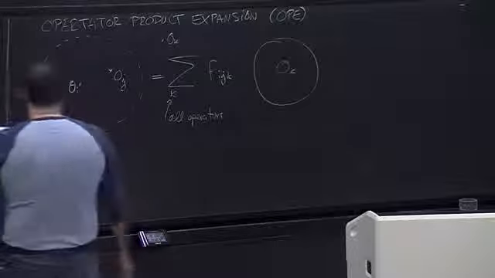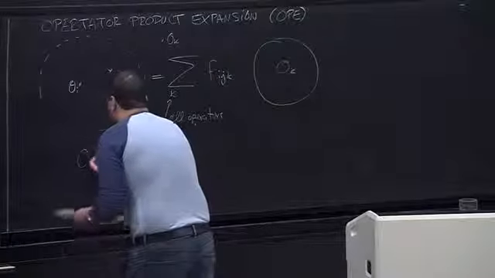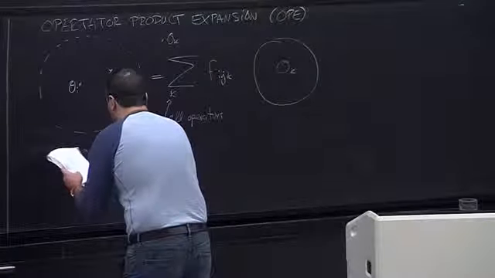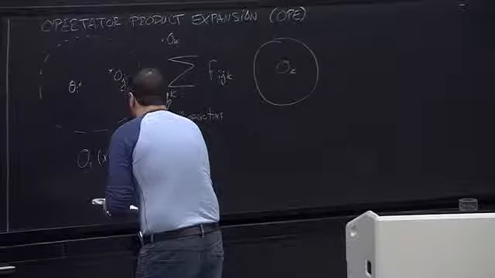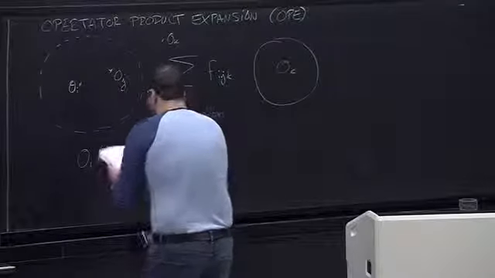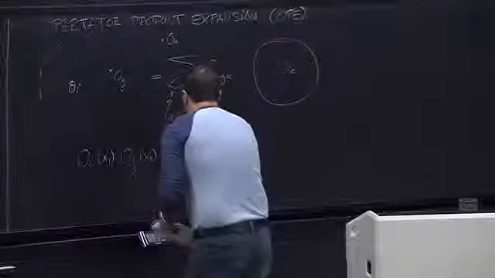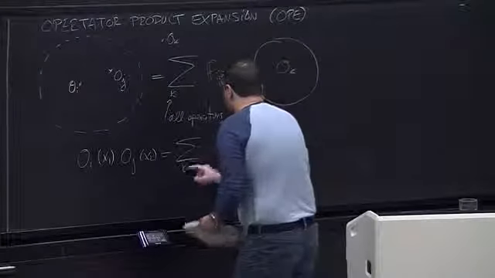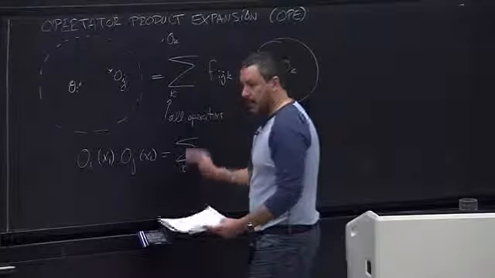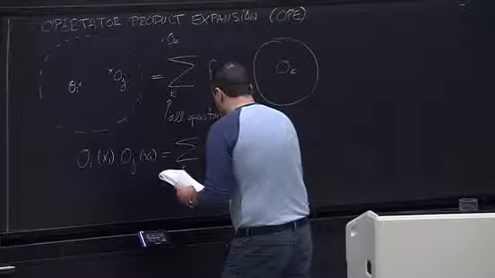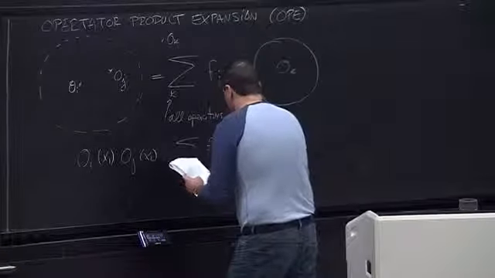More concretely, in equations, it means that if I take O_I at x1 and O_J at x2, let me write it a bit more formally, it can be replaced by the sum over all operators in your theory that are labeled by k. So k is a big index label.